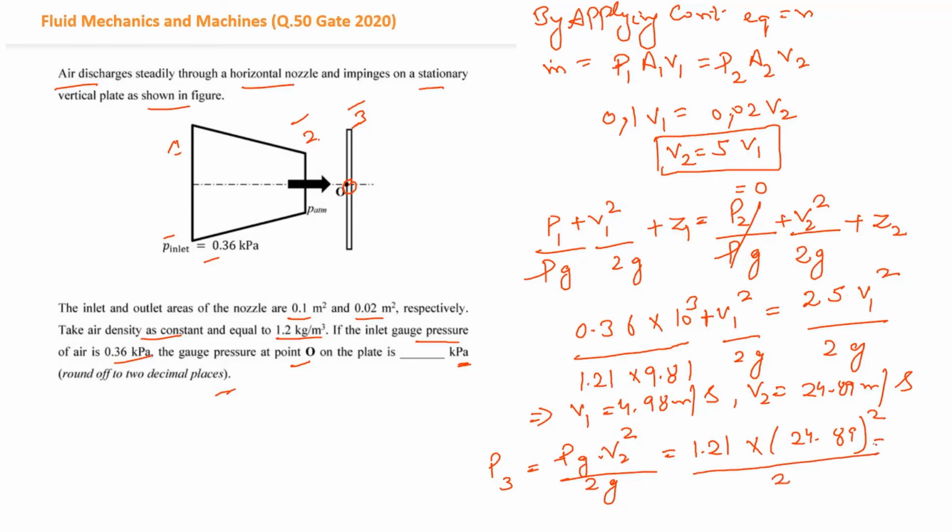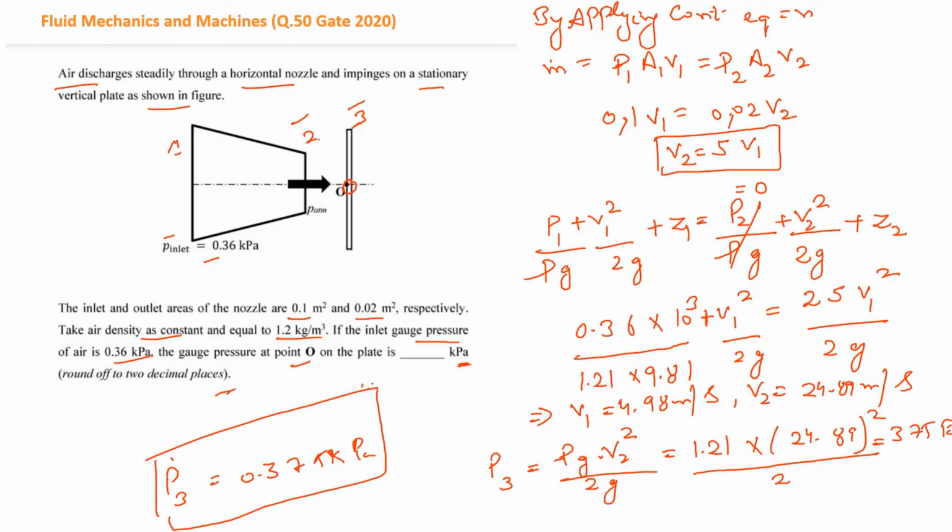If we solve this out, it would be 375 Pascal, and converting it to kilopascal, our P3 would be 0.375 kilopascal. So the correct answer would be about 0.375 kilopascal, which is the gauge pressure at the point O. This is how we apply Bernoulli's equation to solve problems like this. Thank you.